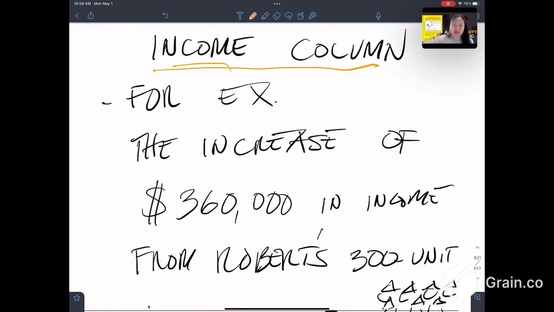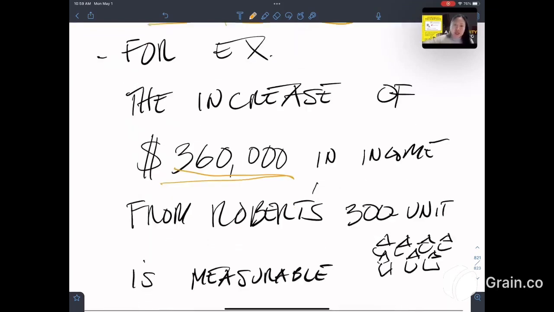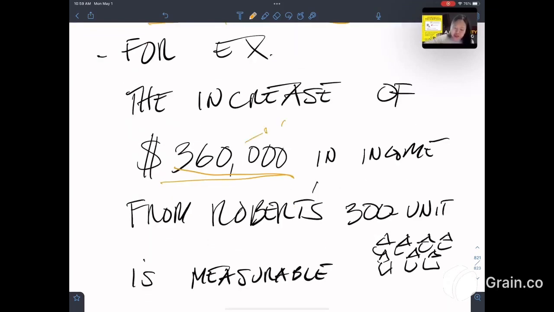So for example, the increase of the 360,000 in income, and this 360,000 is from other incomes. If you remember from the previous recording, if you cannot, then go back and review. But this $360 was just, for example, an increase in the rent of $25 per month. Why?